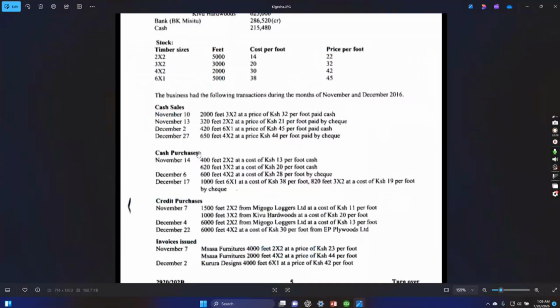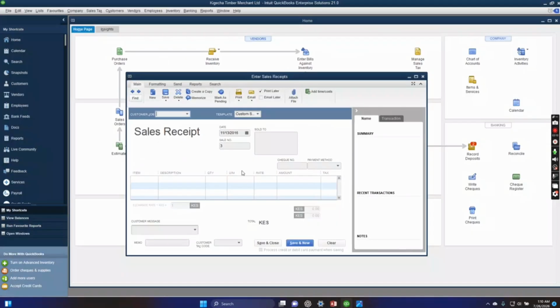On this date, December 2nd, we made sales via cash.